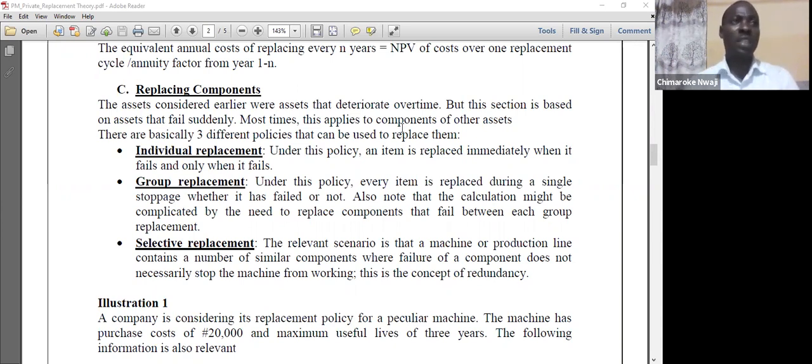The bulb is shining brightly, and all of a sudden, the bulb goes off.